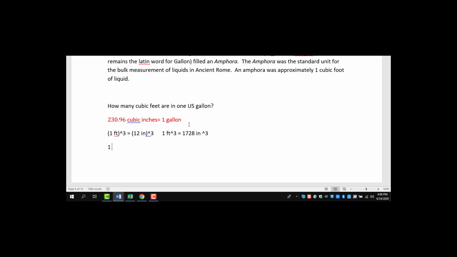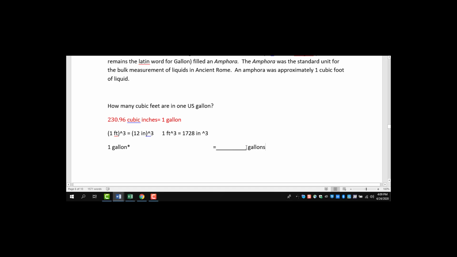I'm going to start with 1 gallon, and I'm going to use dimensional analysis to change that into so many cubic feet. Because it answers how many cubic feet are in 1 gallon.